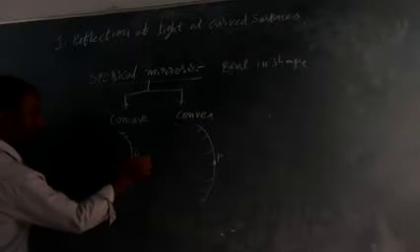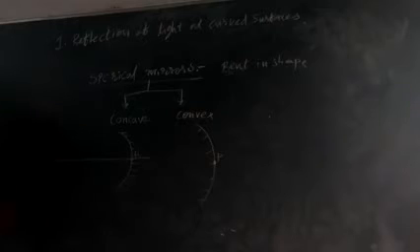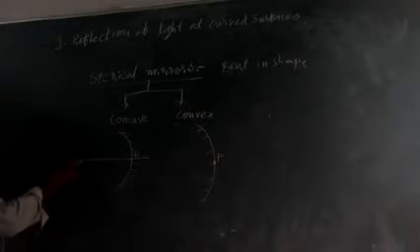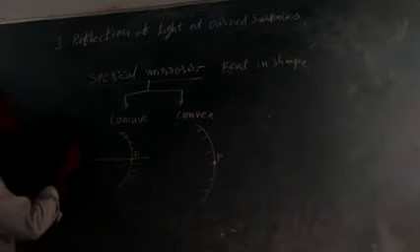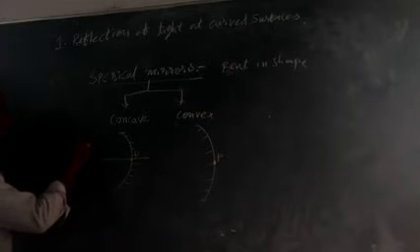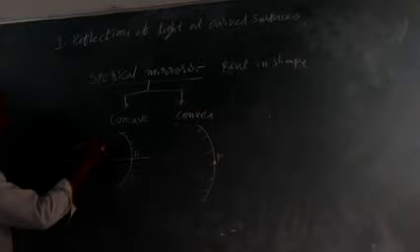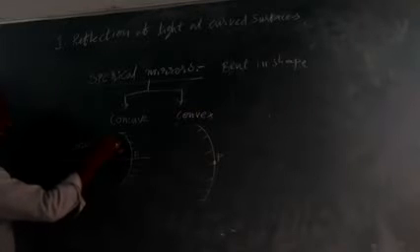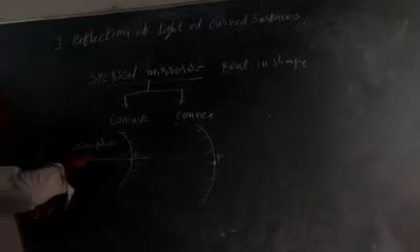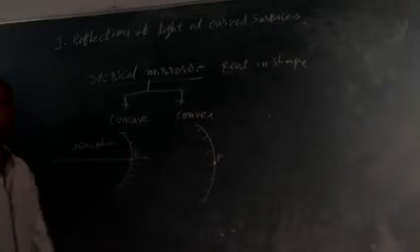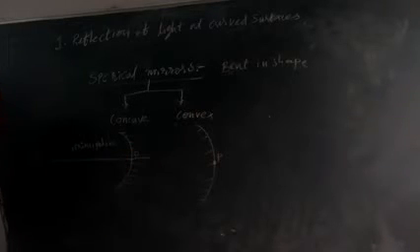Through this pole, one imaginary line passes, which is called the principal axis. The principal axis is an imaginary line which is perpendicular to the pole.